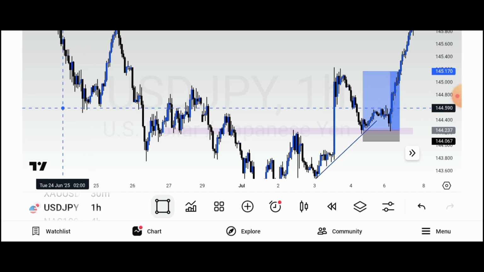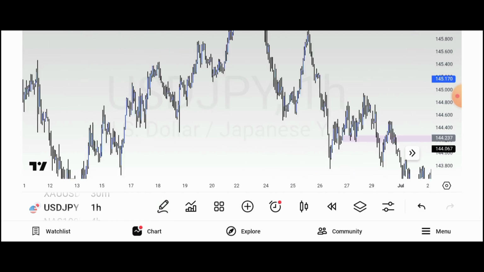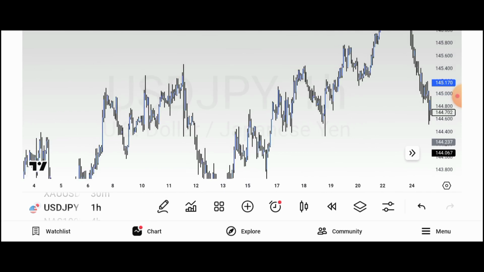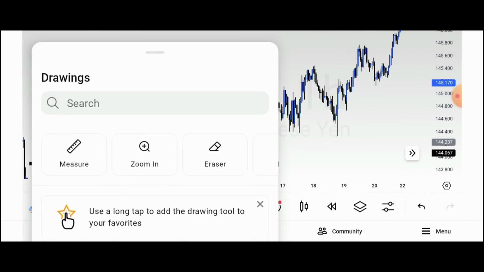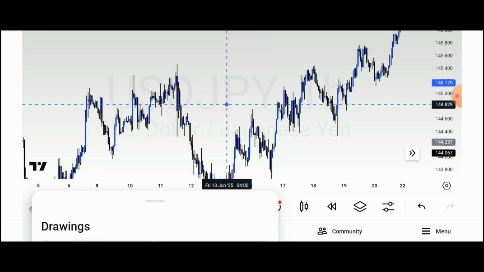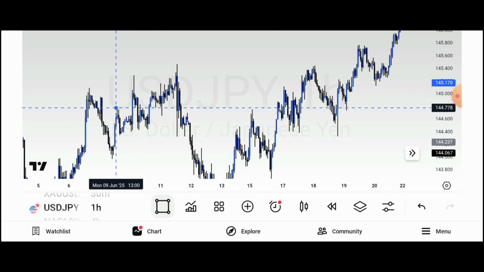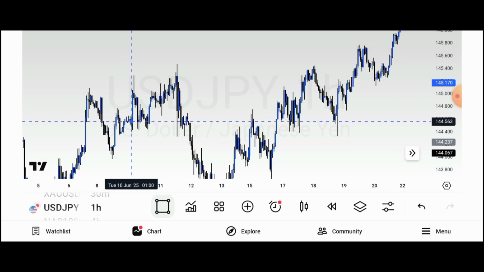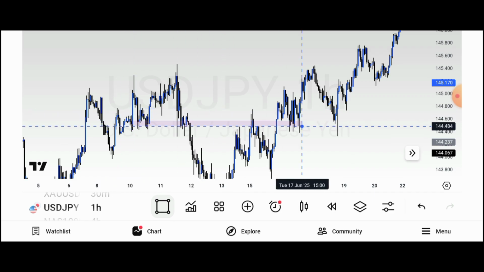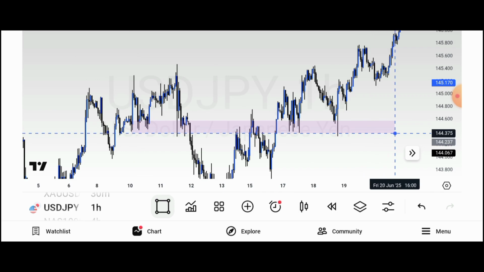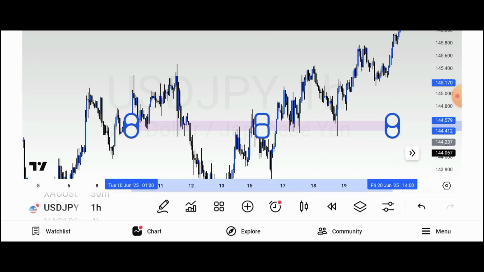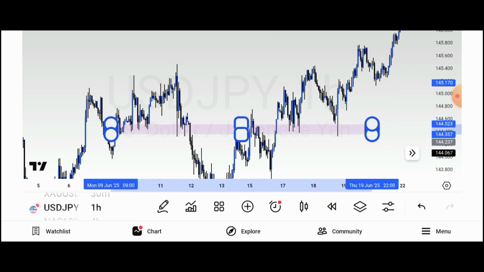Let's go back and look for support and resistance levels and see how you could trade them in a live market. If you look at this place, you can also find support and resistance key levels around this place that the market was respecting for a long time.